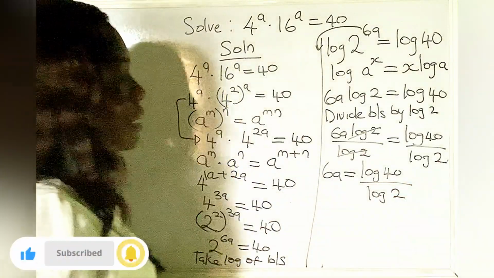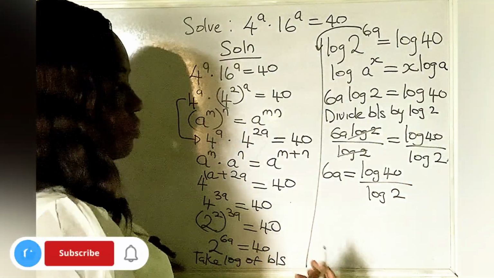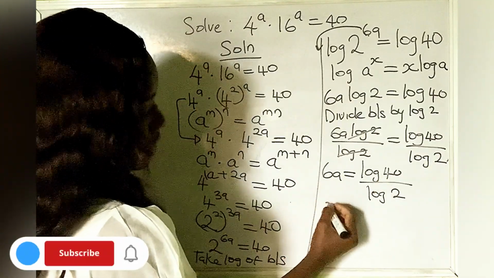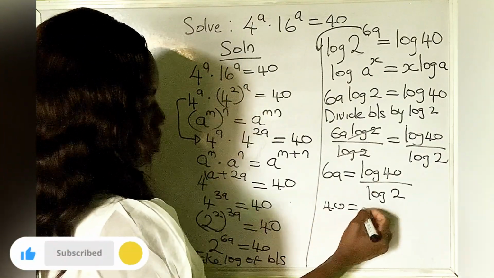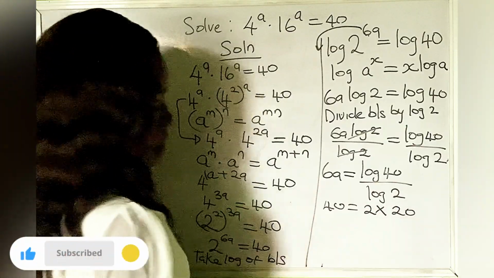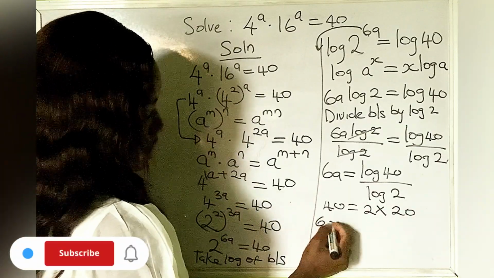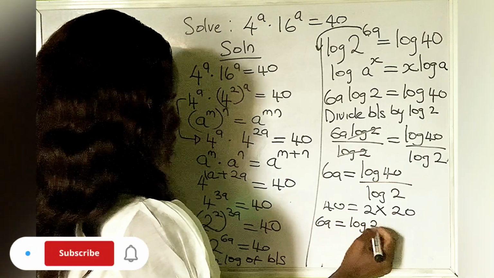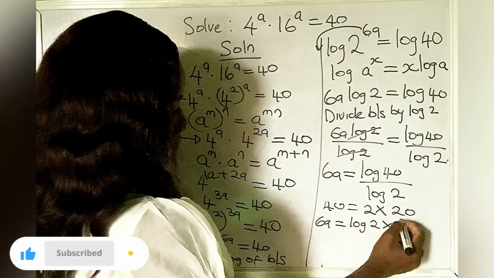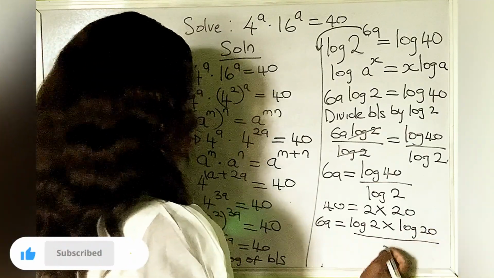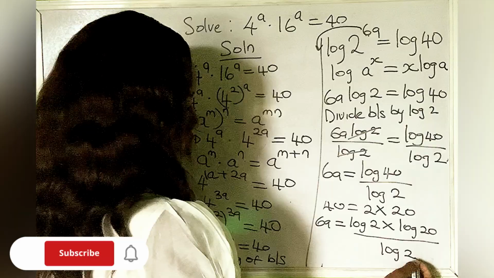Okay, so now, because we want to go further, we're going to rewrite 40. Let's say we're going to write it as 2 multiplied by 20. So we now have 6a is equal to log of 2 multiplied by 20, all over log 2.